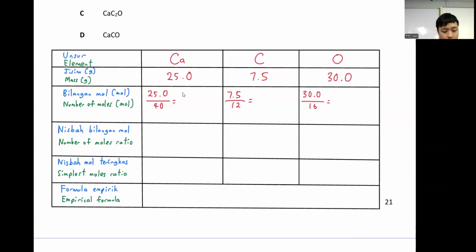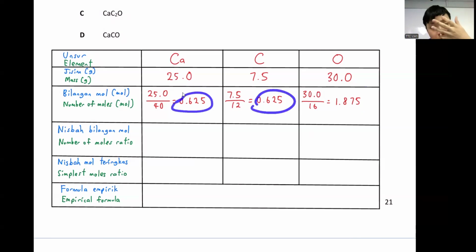So I calculate 25 divided by 40, 0.625. 7.5 divided by 12, 0.625. 30 divided by 16, 1.875. And then what do you do? Find the smallest. Remember, always divide by the smallest mole.